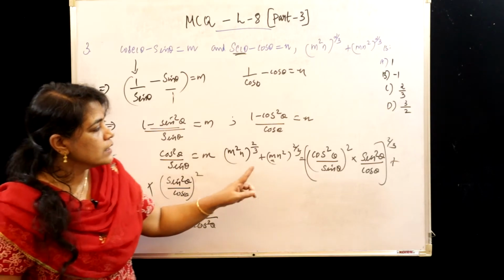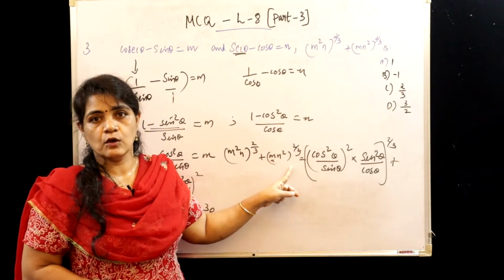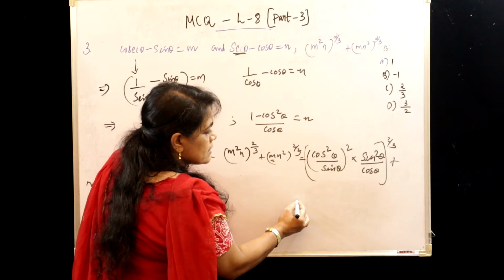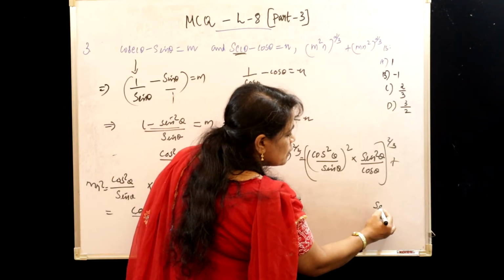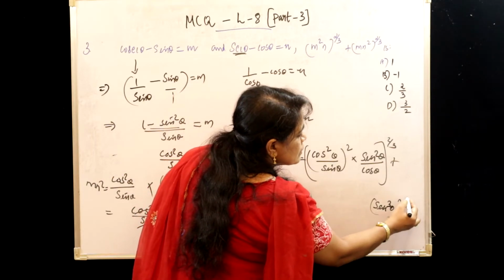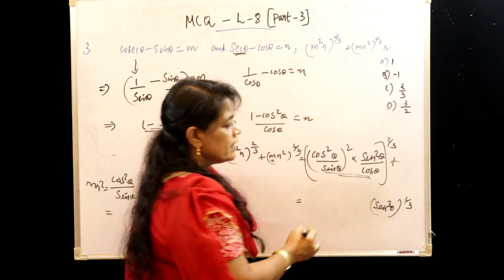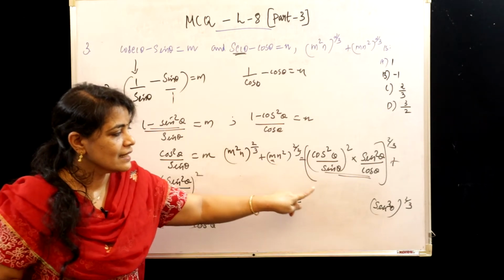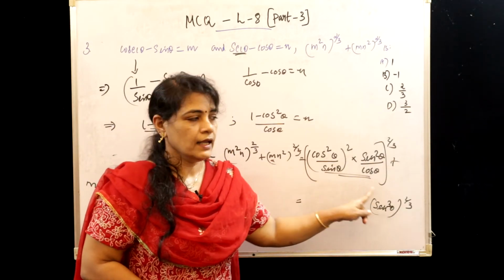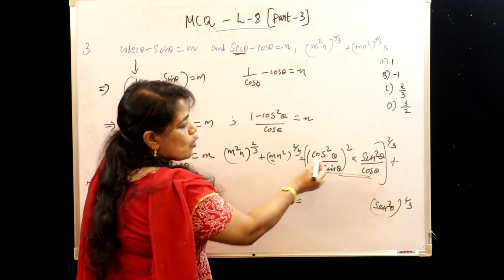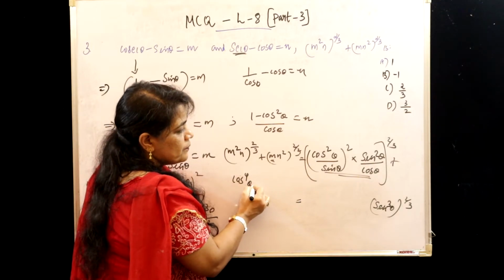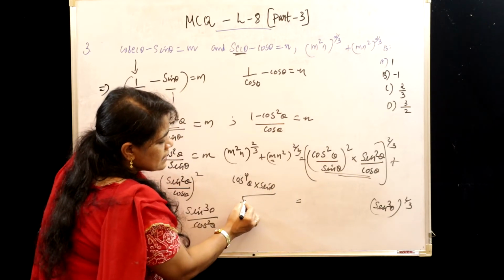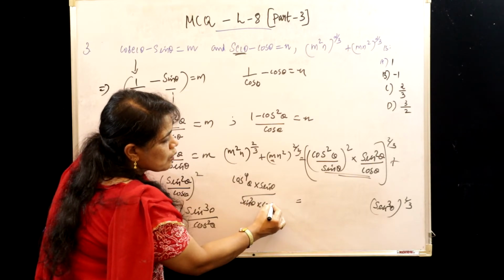That means we have got the second value, that is mn square, as sin cube theta. Okay, that means here we have sin cube theta whole to the power 2 by 3, and we can simplify the rest, this first term. First I reduced this second term and we have seen that it is sin cube theta to the power 2 by 3. And see children, the same way here cos raised to 4 theta into sin square theta by, in the denominator, sin square theta into cos theta.